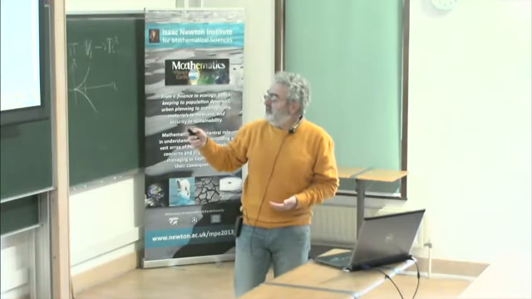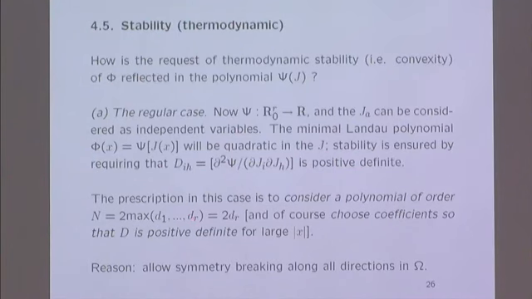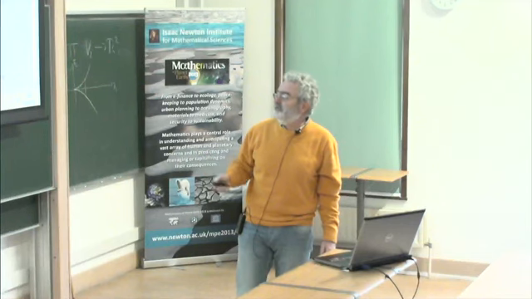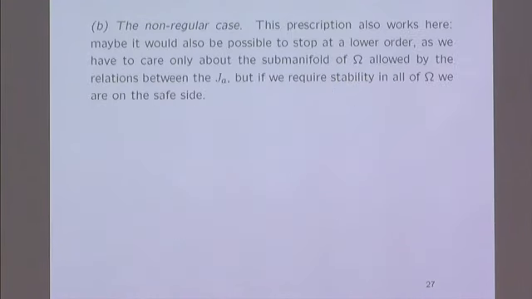So we look at what is the highest order of the J. This was the R, and I have to go to order 2 of the R, which does not mean that I have to take only quadratic in the J, but this means that I have to go to this order. And the reason is to allow for symmetry breaking in all the directions in orbit space. In the regular case, it's clear, it's flat things, I go in this direction.